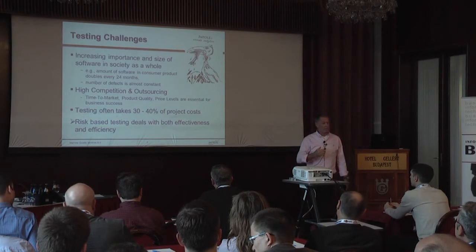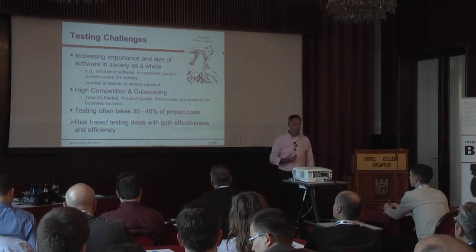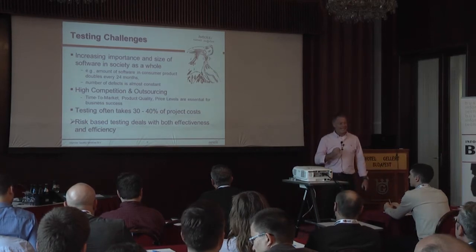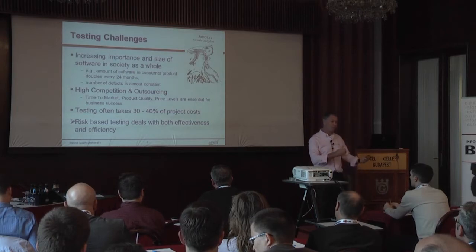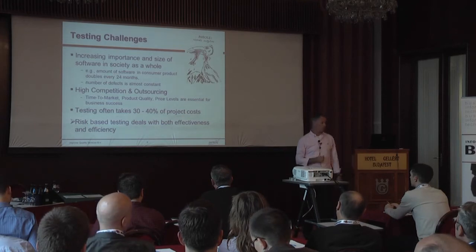I've been in testing for many years, probably around 20 years now, and it didn't get easier. The systems we're making today, compared to systems many years ago, are much bigger, much more complex. They interface with the rest of the world.